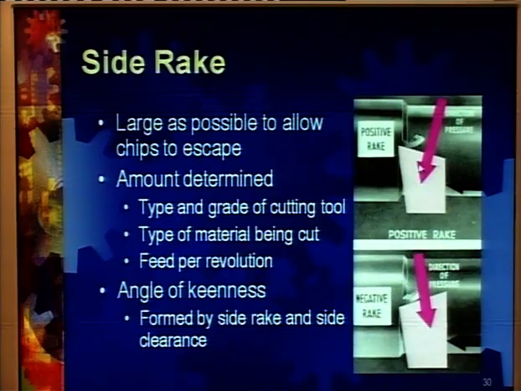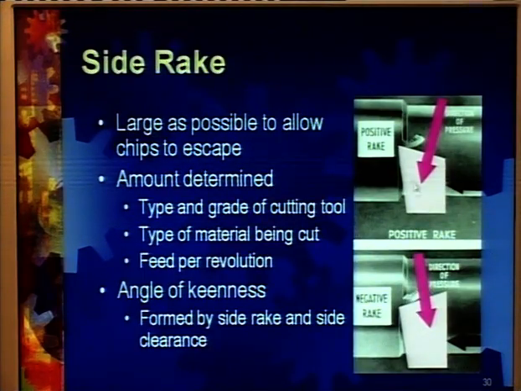So in case the material out of which the cutting tool has been made is not that strong in terms of toughness, then this force may cause the breaking away of this cutting edge of the tool.